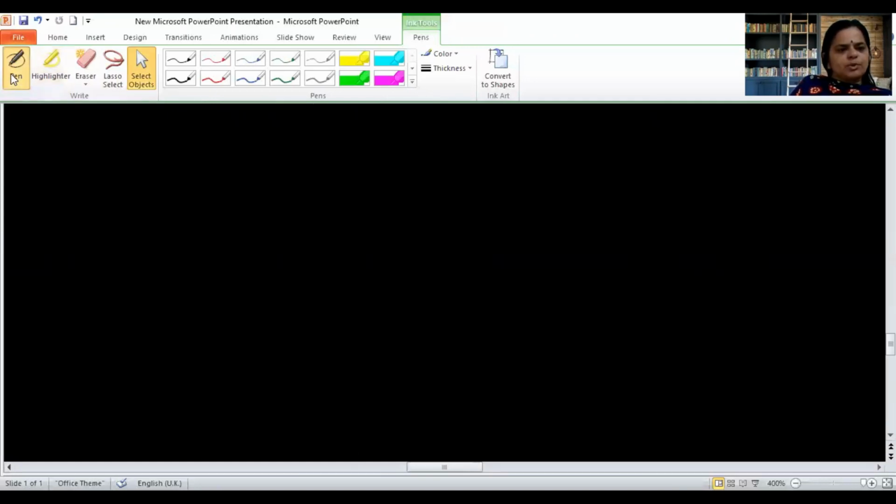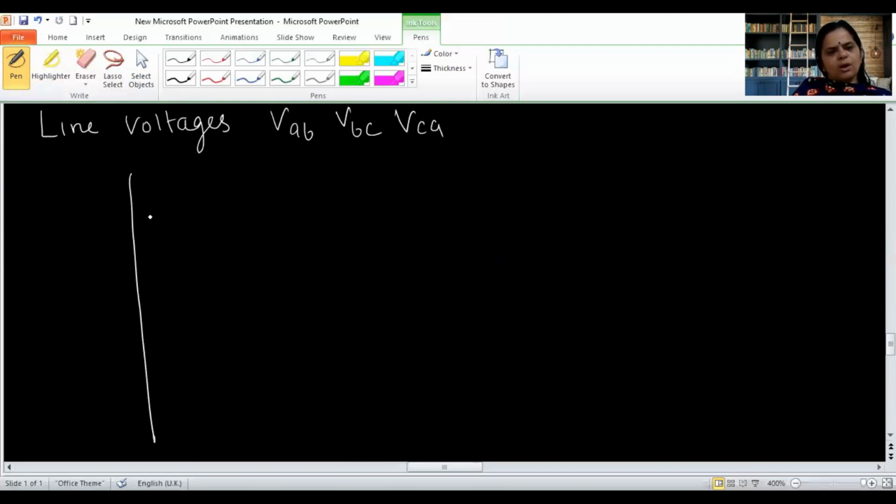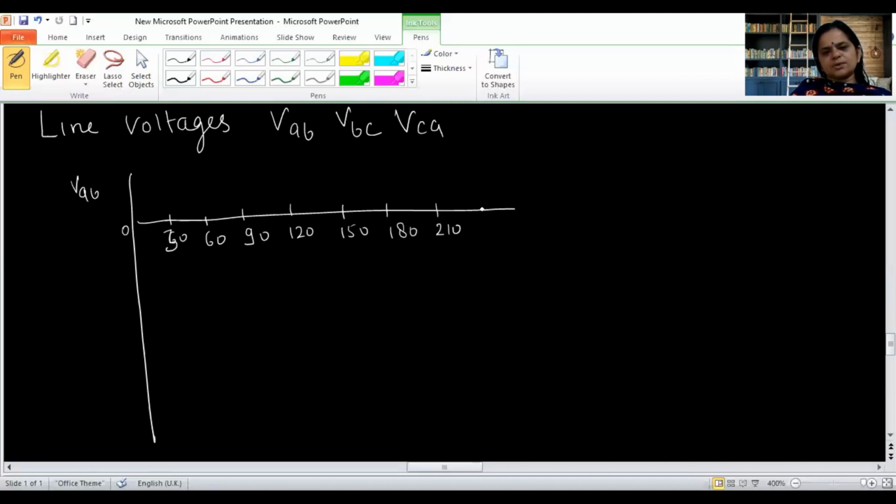Now we are going to plot the line voltages, that is VAB, VBC, VCA. So if I plot the waveform VAB, 0, 30, then 60, then 90, then 120, then 150, then 180, then 210, 240, 270, 300, and this is 360.